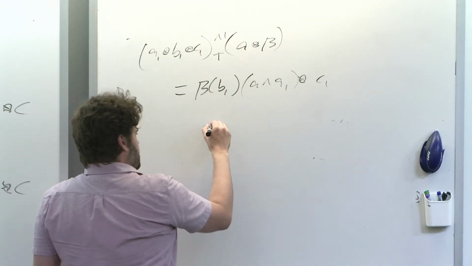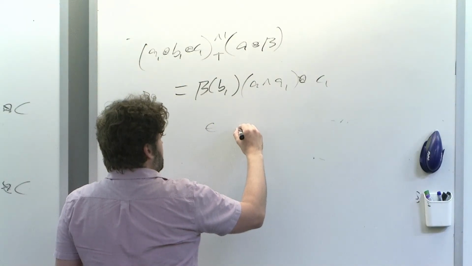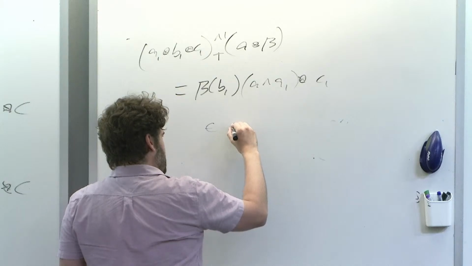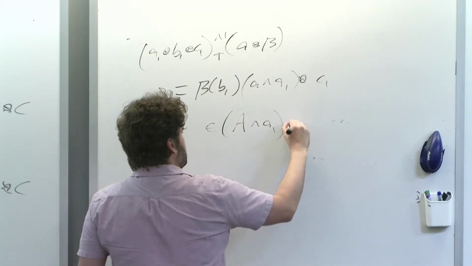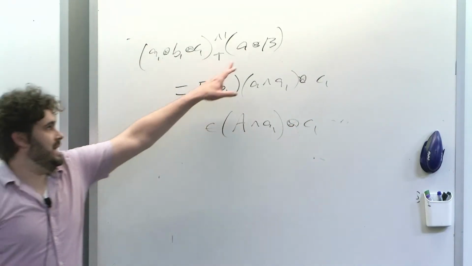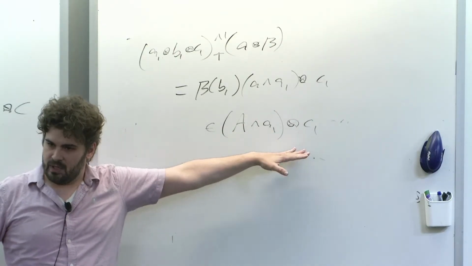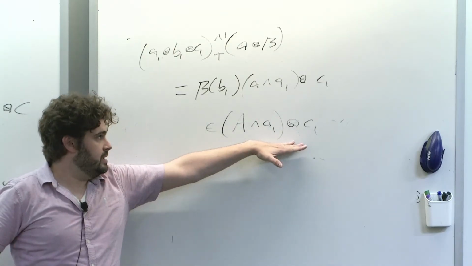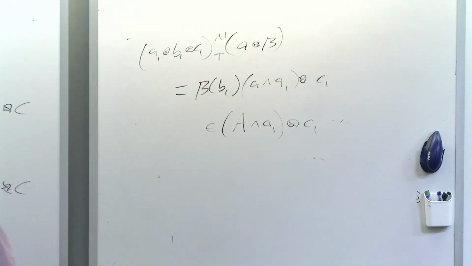And the thing I want to observe is that this is an element of just the whole space A wedge A1 tensor C1. So any rank 1 map lands inside of this, so in particular any linear combination of rank 1s, in fact every matrix maps inside of this subspace.